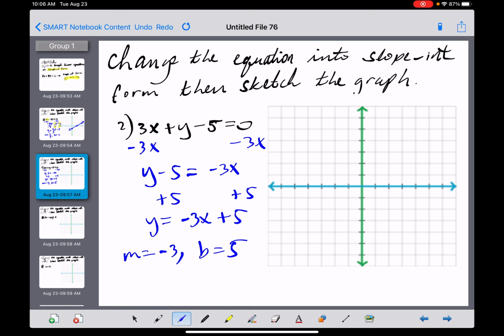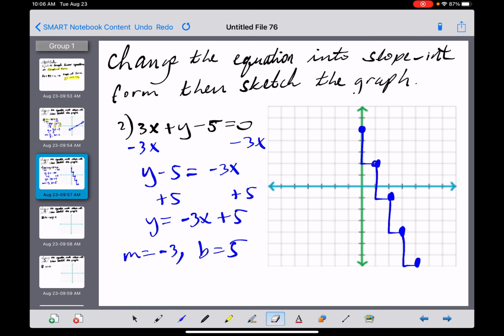So the y-intercept 5 is 1, 2, 3, 4, 5. So up here. Here is the negative slope, negative 3. That means we go down 3 to the right 1. Down 3, 1, 2, 3, to the right 1. So put the dots right here. Next dot, and then you can just keep on going until we fill up the graph.